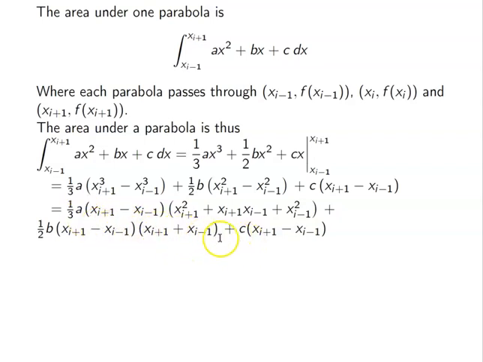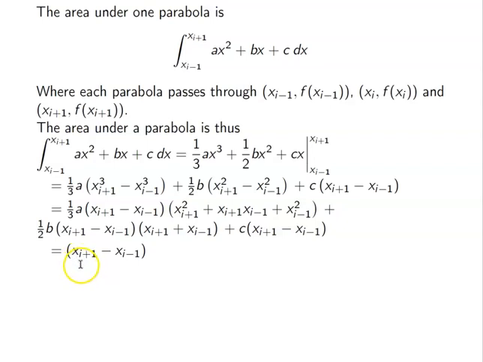Whenever we have polynomials, we're always looking to factor, especially things that are already factored. So notice that I have this x sub i plus 1 minus x sub i minus 1. I got it on the second term. Okay, so it's in the first term, it's in the second term, and it's in the final term. So at the very minimum, I can pull that out.